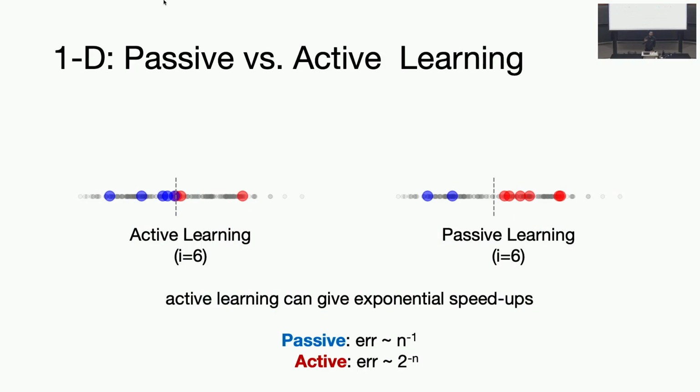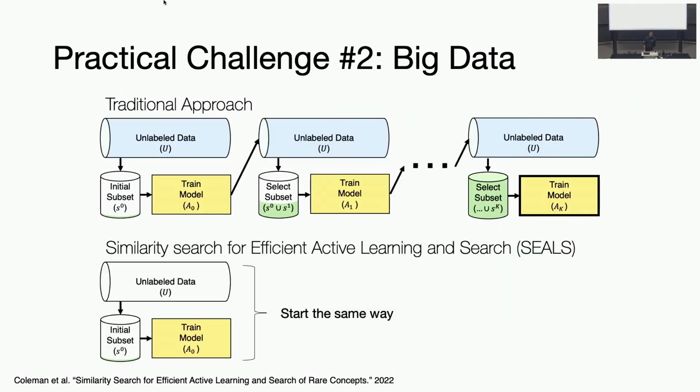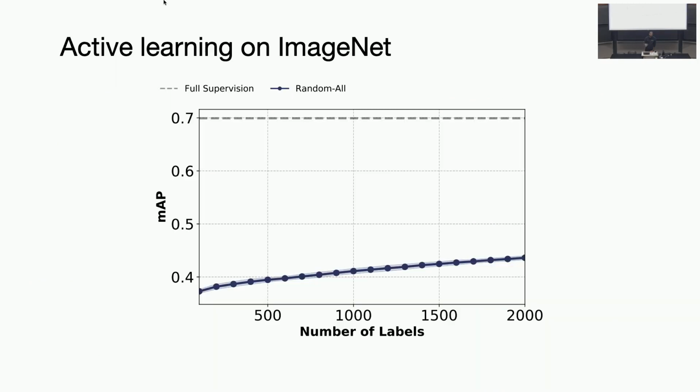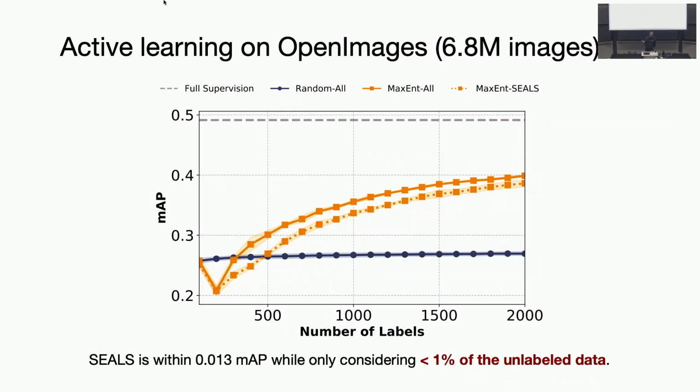Then, after that as a nice warm-up example, go to a really large data set, Open Images, and implement active learning there and deal with the computational bottlenecks, even with a very small model. You'll implement SEALS and see a speed up of an order of magnitude in the time it takes to select individual examples.